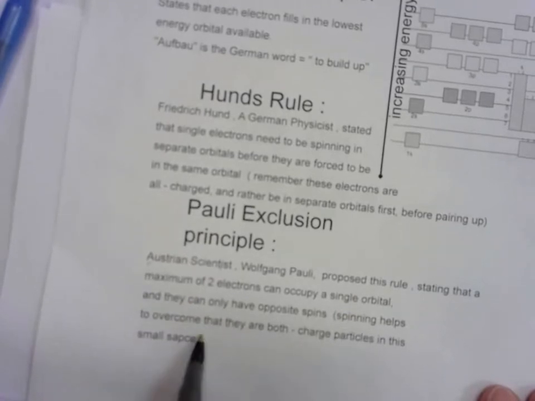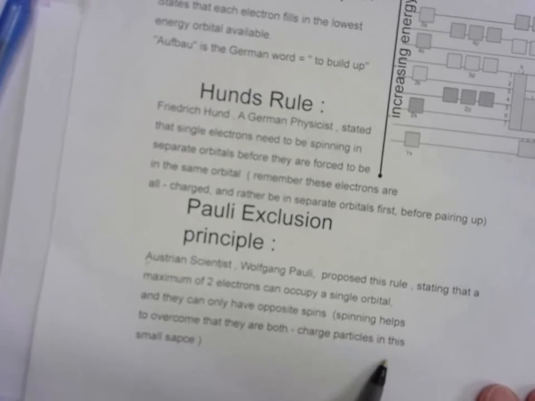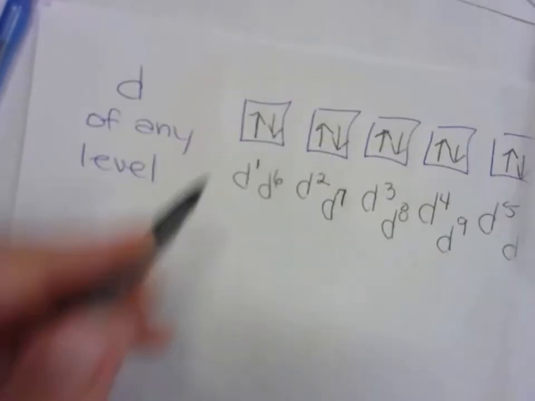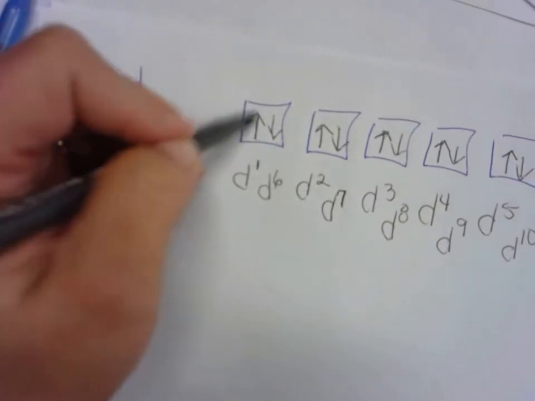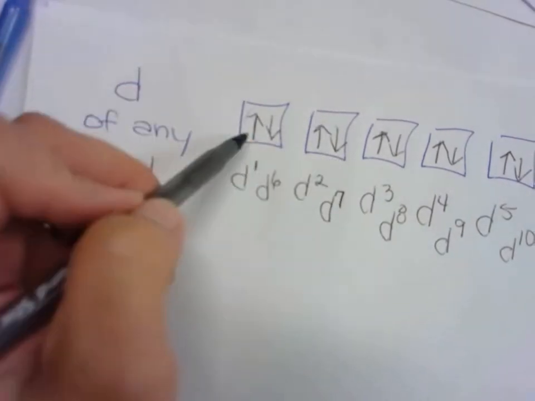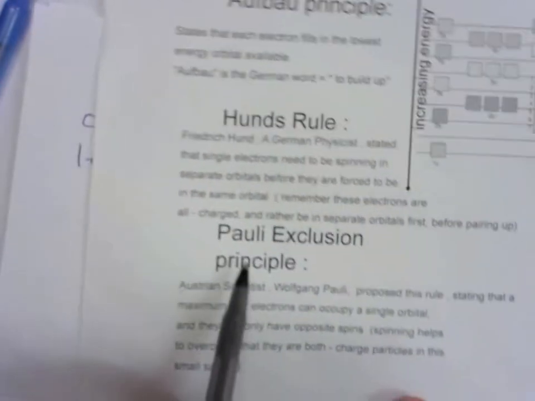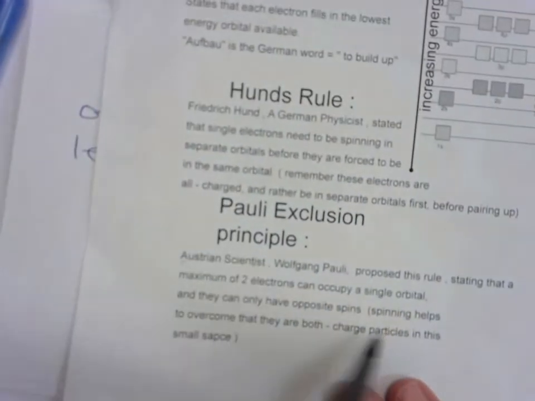Spinning helps to overcome that they are both negatively charged in this small space. Okay, so when you have them going up and going down, you can't have 3 electrons, you can't have 4, you can only go up and going down. That's what's called the Pauli exclusion principle.